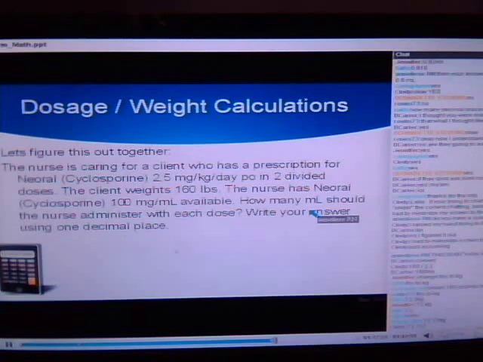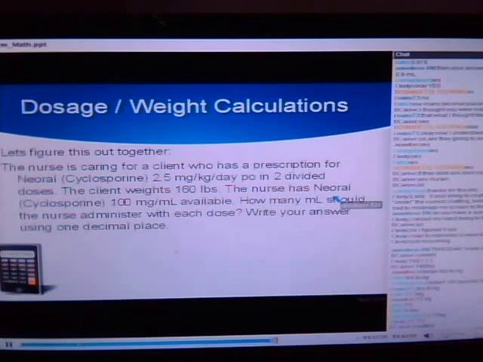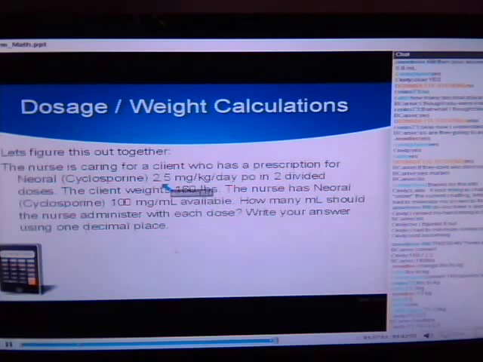Good. Not 181, because it's 0.8. So if you're going to do anything, change it to 182. So we know we have to give this client 182 milligrams a day, right?